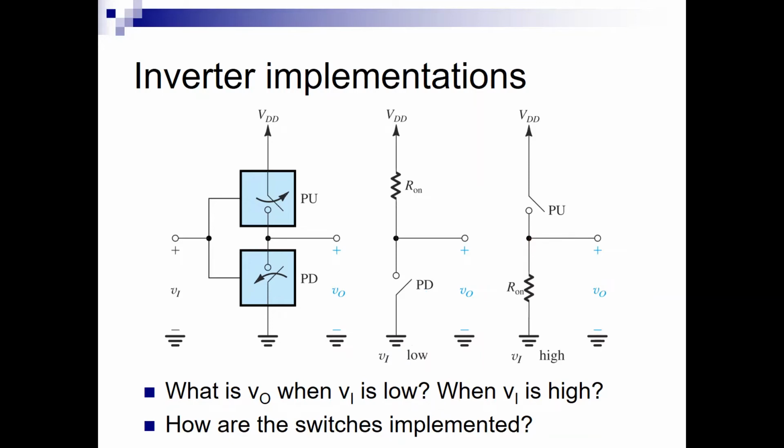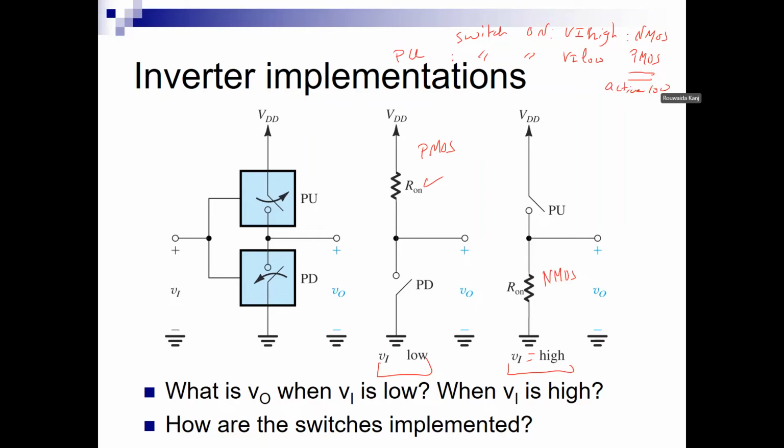Now how can we implement those switches? We want a switch that is on when the input is high, and that we know is the NMOS, and we want a switch that is on when the input is low, and that we know is a PMOS device. So the pull up switch needs to be on when the input is low, so this is a PMOS. The pull down switch needs to be on when the input is high, so this is an NMOS. We know PMOS is active low, and the NMOS is really active high.